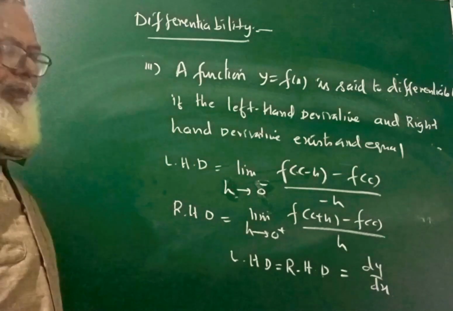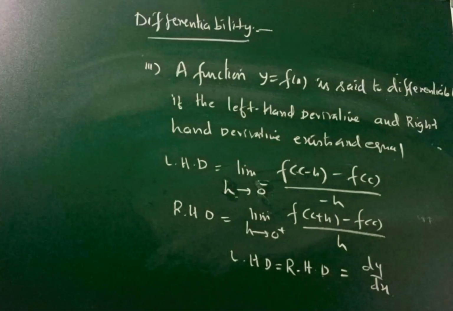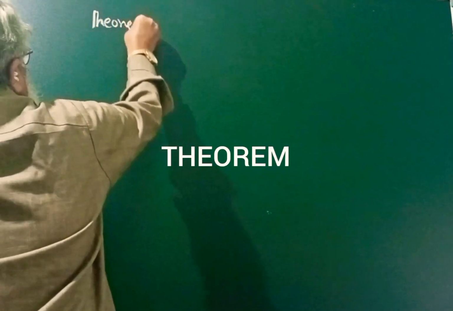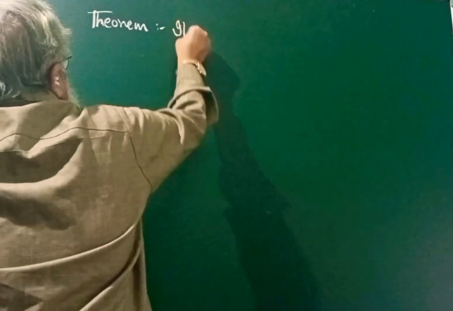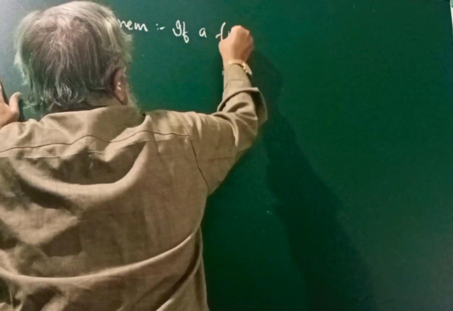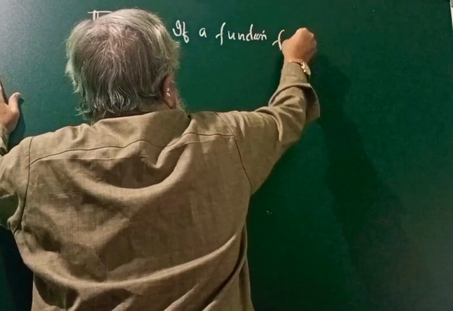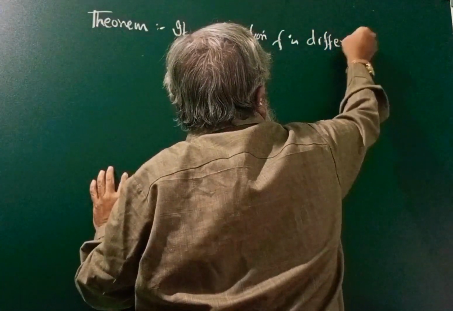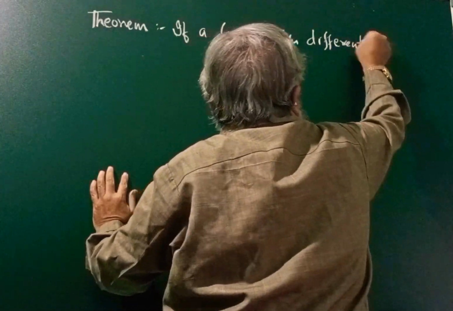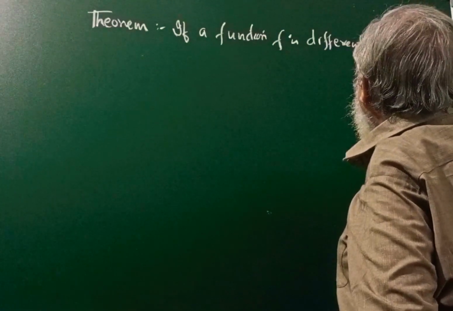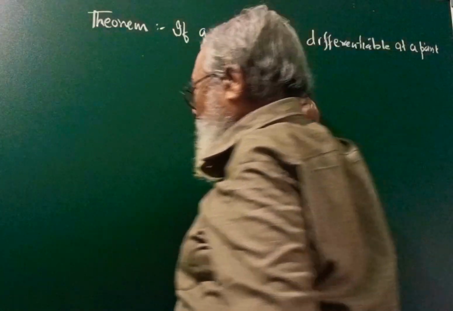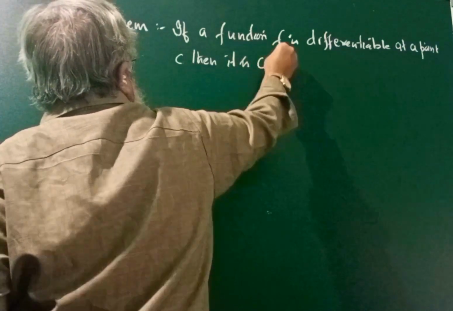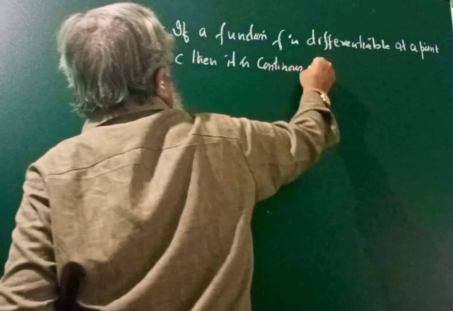Let us take this here. The theorem: if a function f is differentiable at a point c, then it is continuous at x is equal to c.